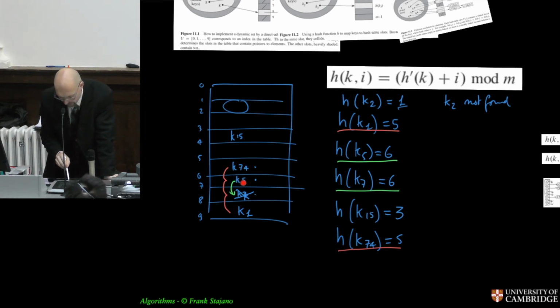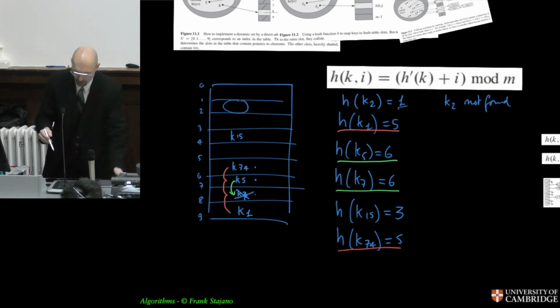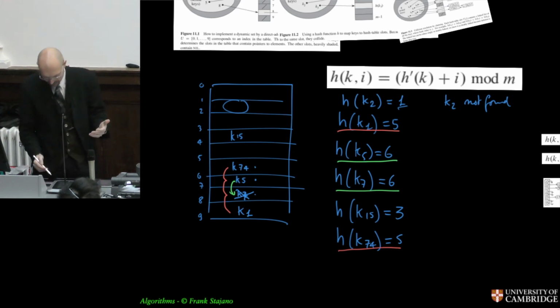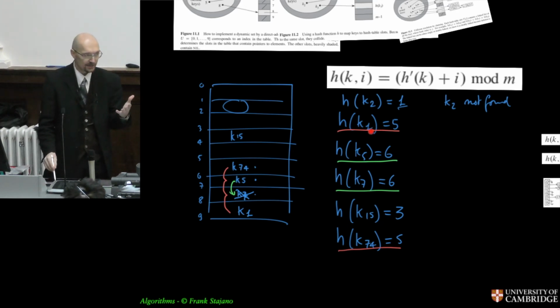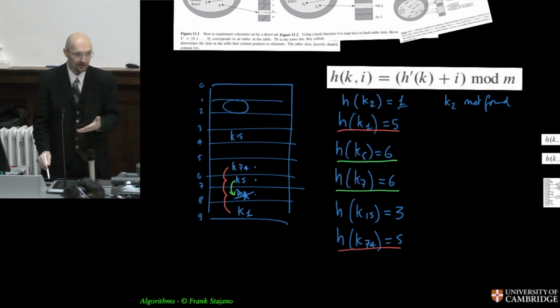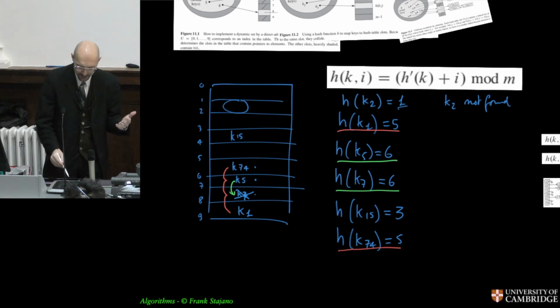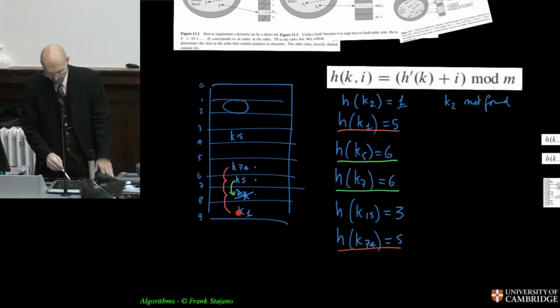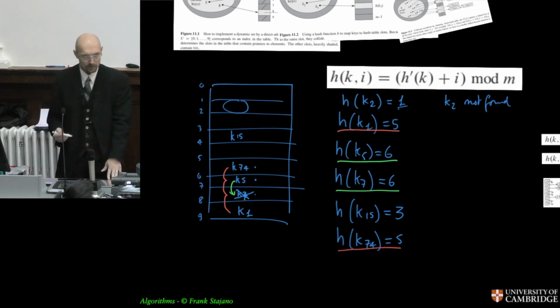This one is K5, still not K1, so I have to look for the next one. Next one is empty. So I'm basically in the situation here. I look for the place where K1 would have been, and I found that it's empty. Therefore, I should say it's not in the table. Well, it's not true. It is in the table, except I deleted the thing that I would have had to skip over if I hadn't deleted it. And so I miss getting to the place where K1 was.